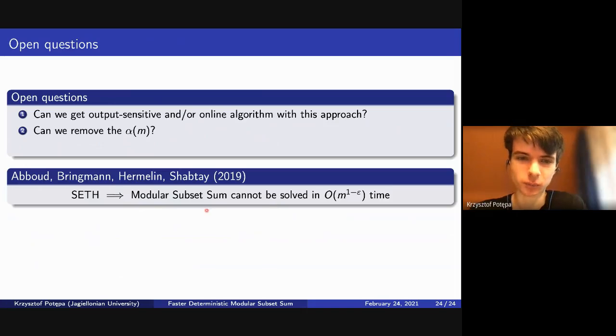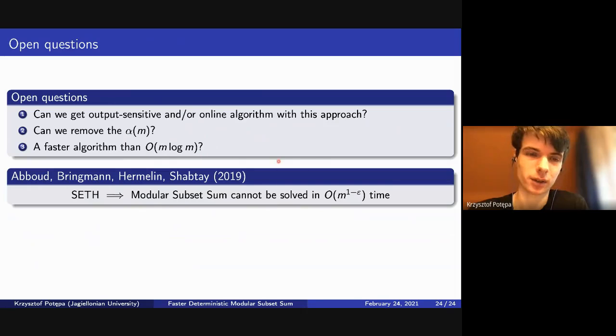It's been proved that as long as strong exponential time hypothesis is true, then modular subset sum cannot be solved in faster than linear time. And we have currently an m log m algorithm, so maybe we can do better than that. And that's all I have for today. So thank you. If there are any questions, I'm here to answer.